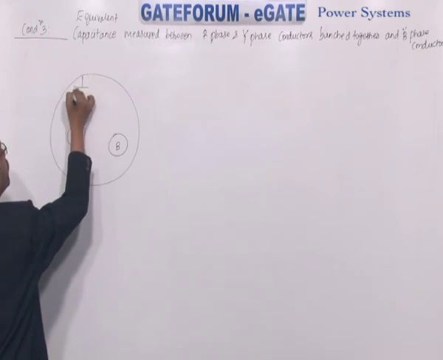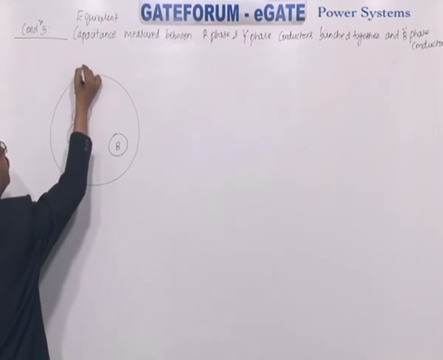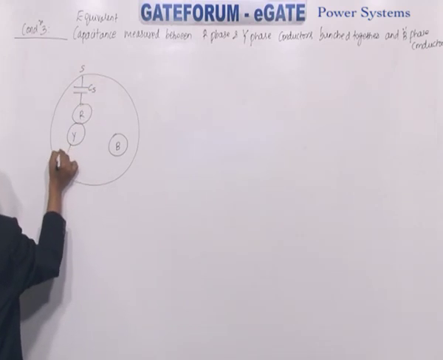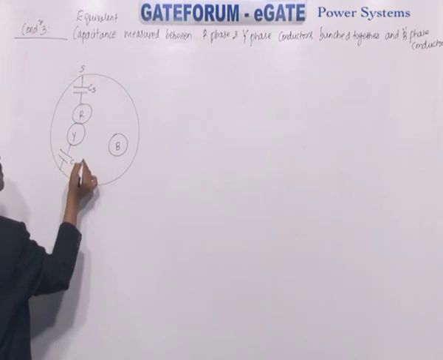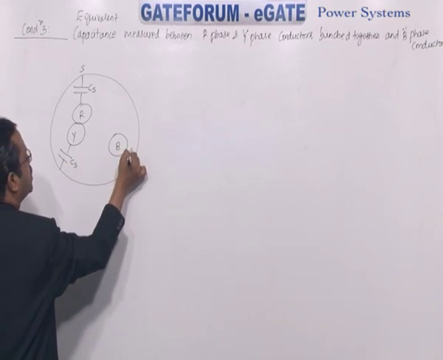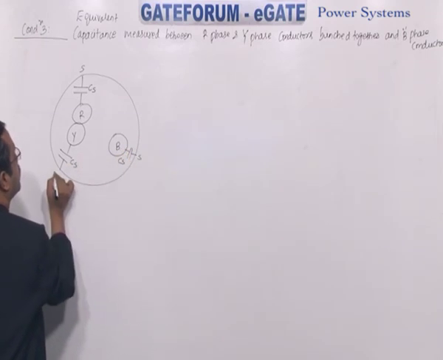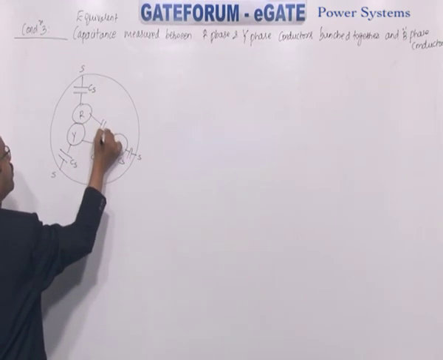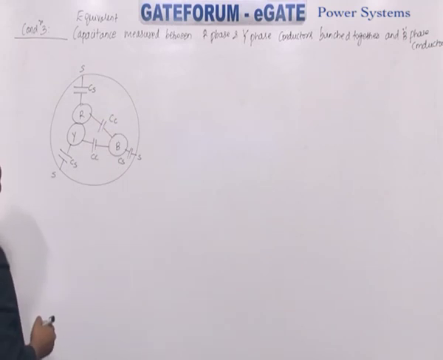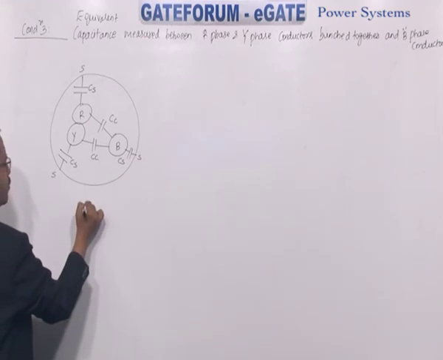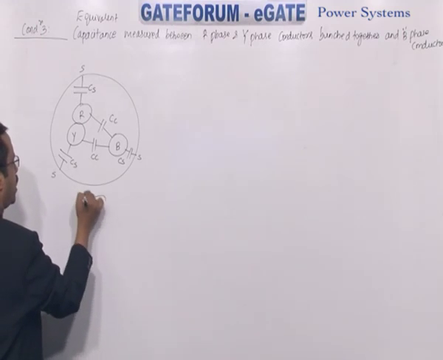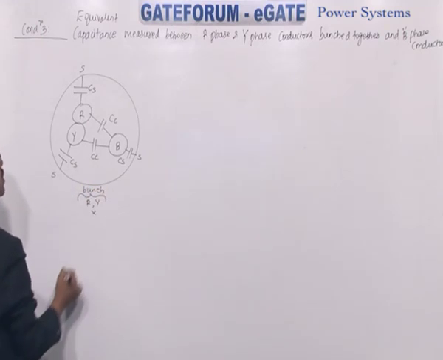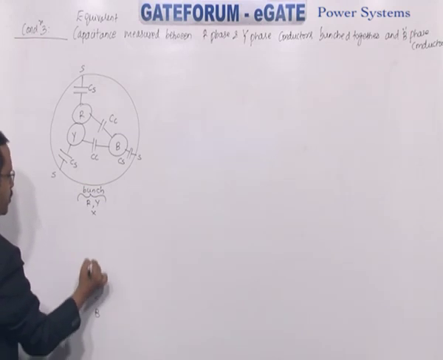So what is the equivalent capacitance now? R phase and sheath CS, Y phase and sheath CS, B phase and sheath CS. What about YB? CC. What about RB? Also CC. Now we draw the equivalent circuit now. Form this R and Y. R and Y forms a bunch. Now we have to find with respect to B phase.